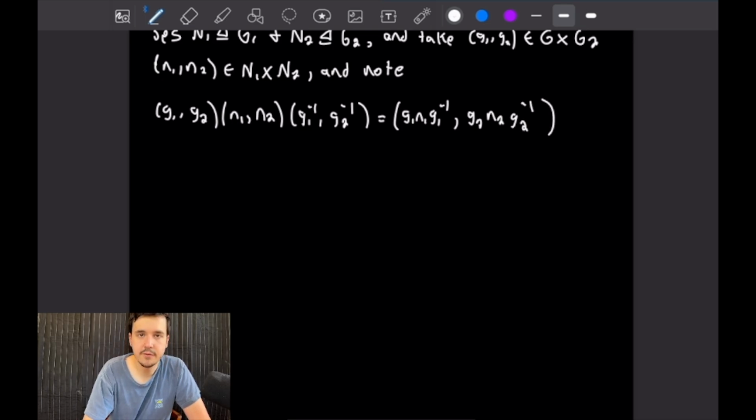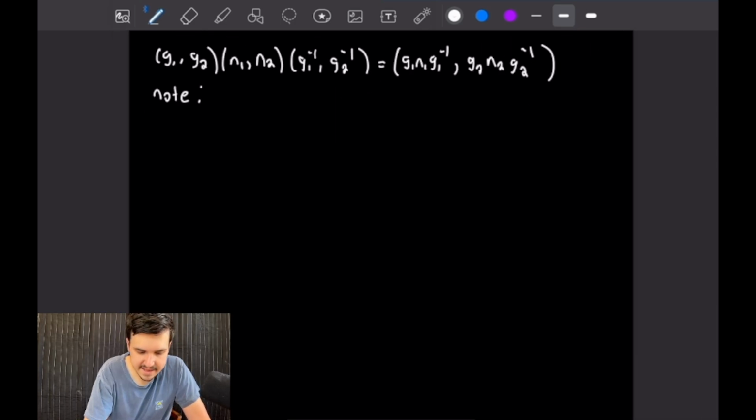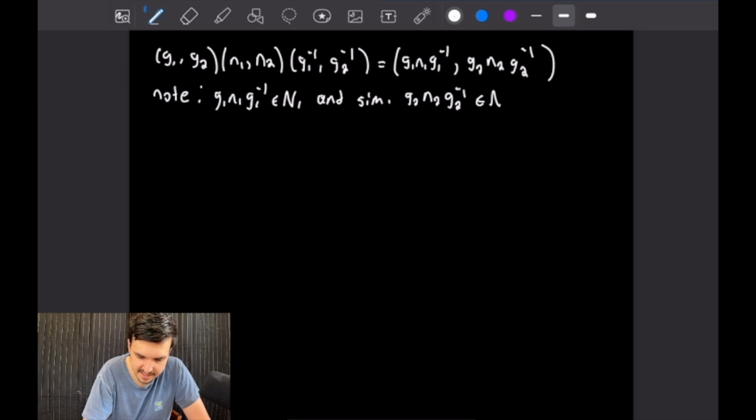And so from here, we can use our normality conditions on N1 and N2, which we were given. That is, g1 n1 g1 inverse must be in N1 by normality, and similarly, we have that g2 n2 g2 inverse must be in N2.